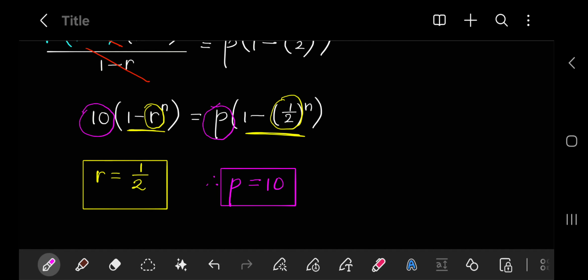So surely those corresponding terms have to be equal to each other. Where the coefficient of the bracket is 10 on the left, and on the right it was p, so p has to equal 10. And on the left-hand side, the base of n, so r, and on the right-hand side, the base of n, a half, would be equal to each other. R is equal to a half.